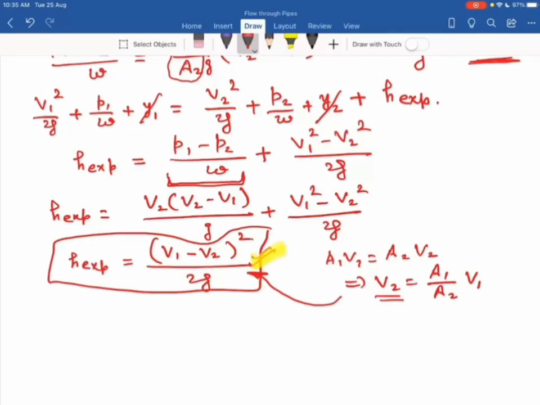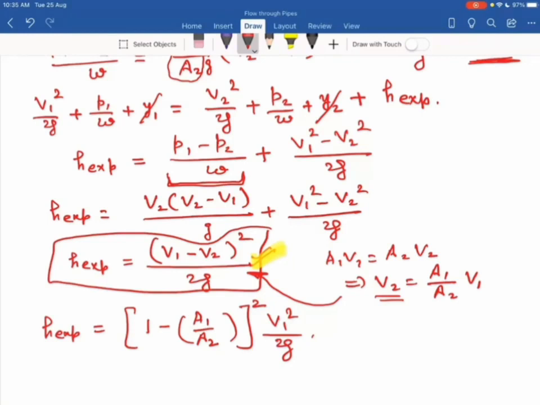Okay, so then I write HEXP again is equal to, so this comes out to be (1 minus A1 upon A2) whole square into V1 square divided by 2G.